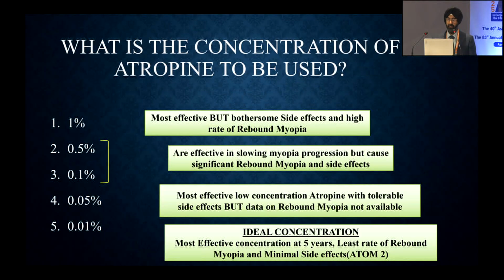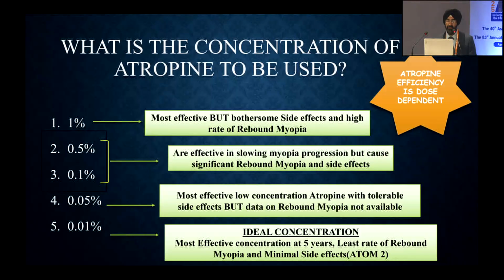We have discussed so many concentrations. Well, we are still coming out with 0.05%, the higher concentration which is very effective in slowing myopia progression. But of course, 0.01% has been studied for decades now and is commercially available, so it is probably the choice for the time being, until we have more data for 0.05%.